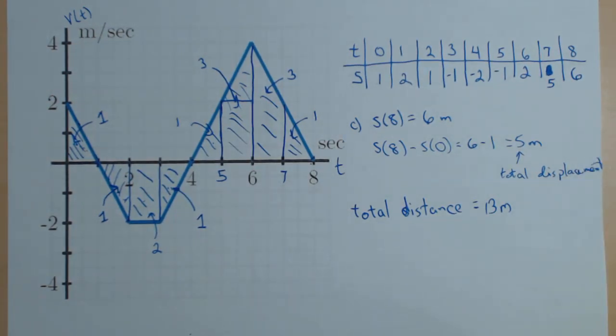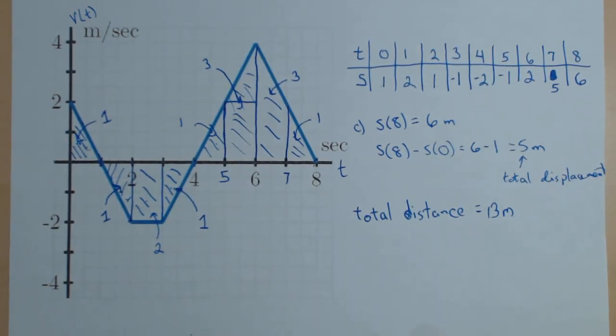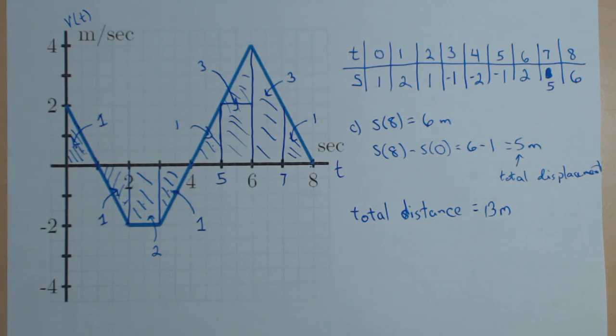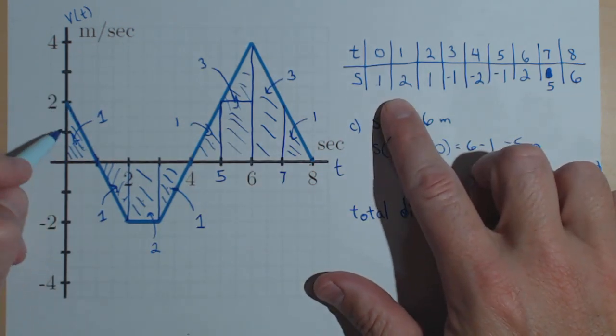Now, let's go ahead and on our plot, make a plot of S. And we'll use a different color so we can see it a little bit better. First thing we'll do is we'll plot our values. So we can treat these as points.